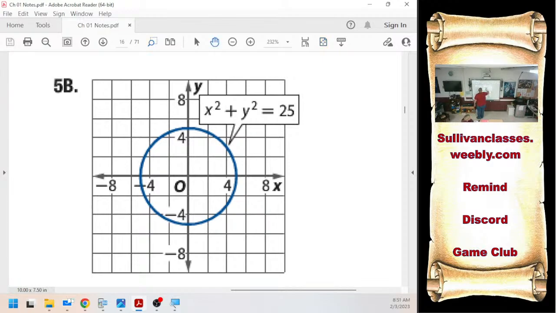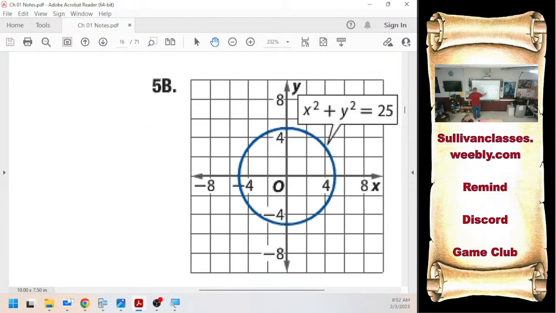Now, does anyone know a nice coordinate this goes through? 3, 4, 4, 3, -3, 4, -4, 3, -4, -3, -3, -4, 4, -3, 3, -4. There's 8 of them. Because, y'all remember Pythagorean triples, 3, 4, 5?